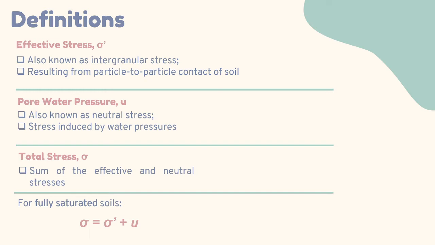So the pore water pressure is induced by the water in between the soil grains, and it is also known as the neutral stress. So if we combine the effective stress and the pore water pressure, what we'll get is the total stress sigma. So mathematically, we can write sigma is equal to sigma prime plus U.